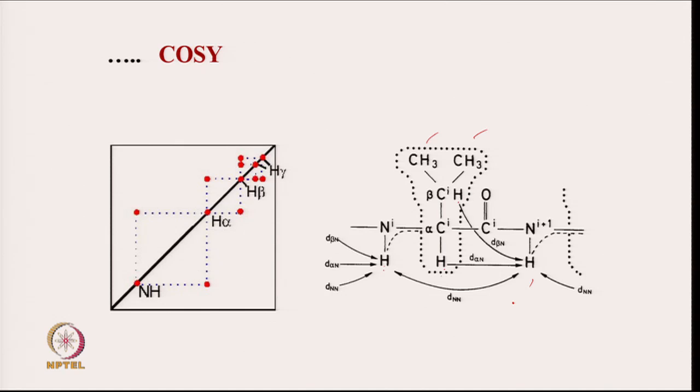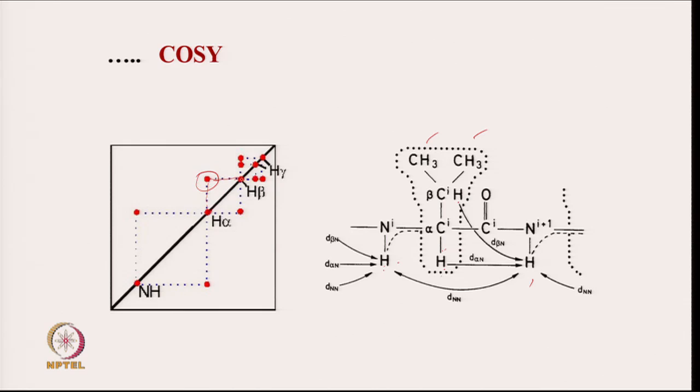Now, you look at their correlation. If you look at this, NH is correlated to H alpha, and that is how you can assign it. Now, H alpha is correlated to H beta. So, you can see there is a cross peak here, there is a cross peak here, and they are correlated to 2 different resonances, and the way we can get it is draw a vertical line, draw a horizontal line, and it coincides with this peak and this peak.